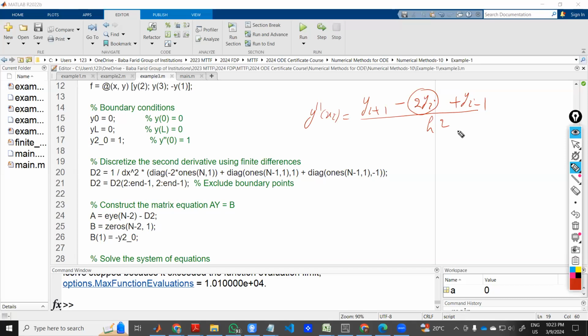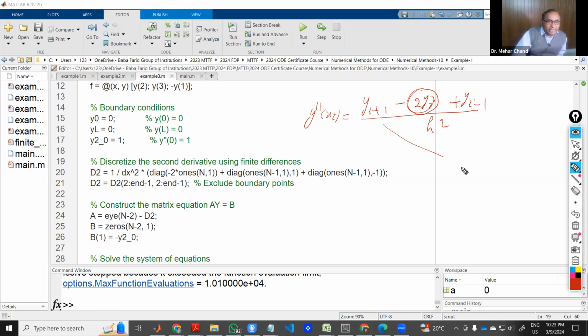Now these are the elements of the main diagonal, and this will be this element, and this will be this element. So all these are diagonal elements, and you can write this expression in this way. And what about this one?